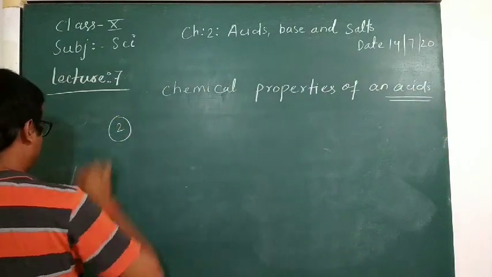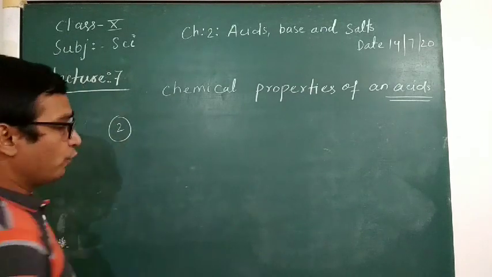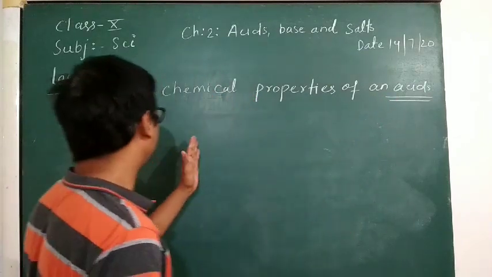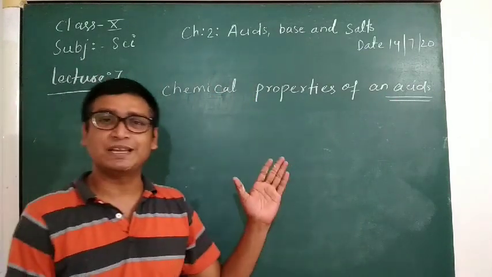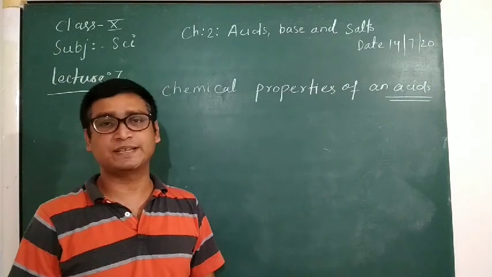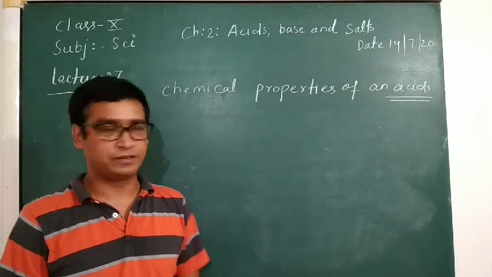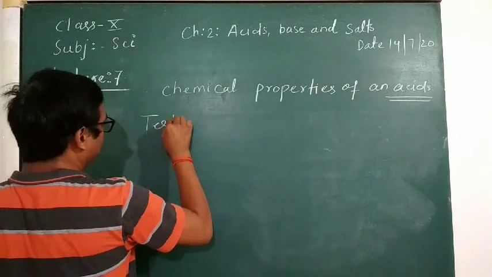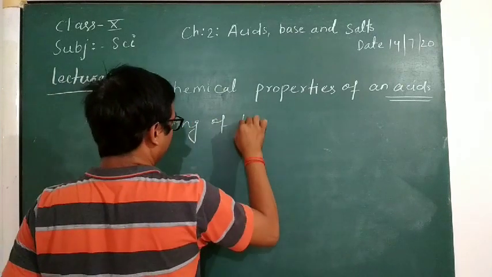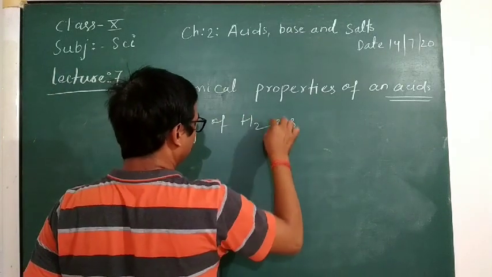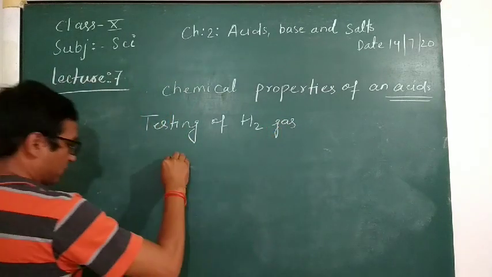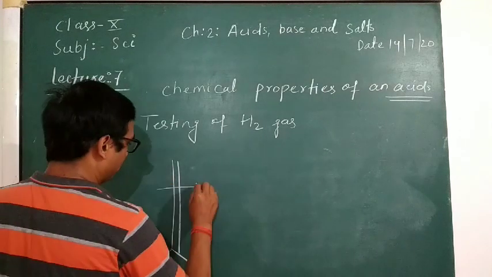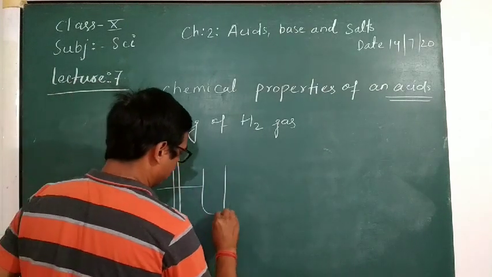Before the second property, let us see how, whenever a metal reacts with acid, it forms H2 gas, and how the presence of this gas can be tested. So, testing of H2 gas. Suppose we have taken one stand and a test tube.